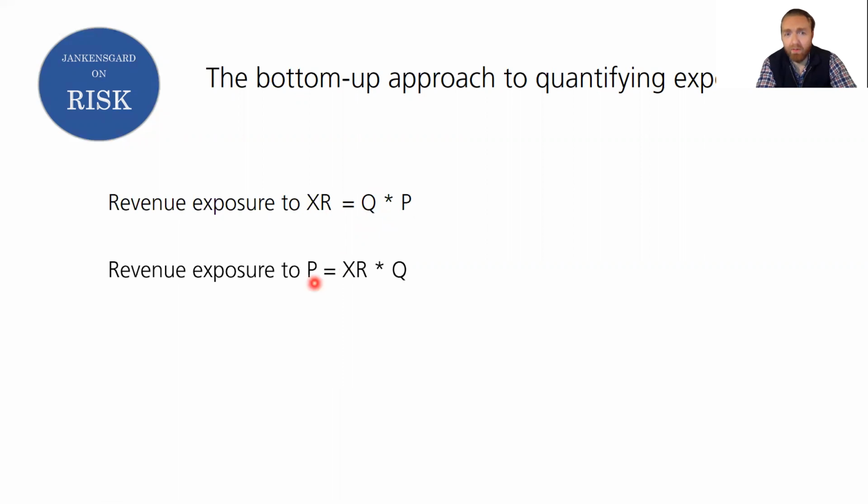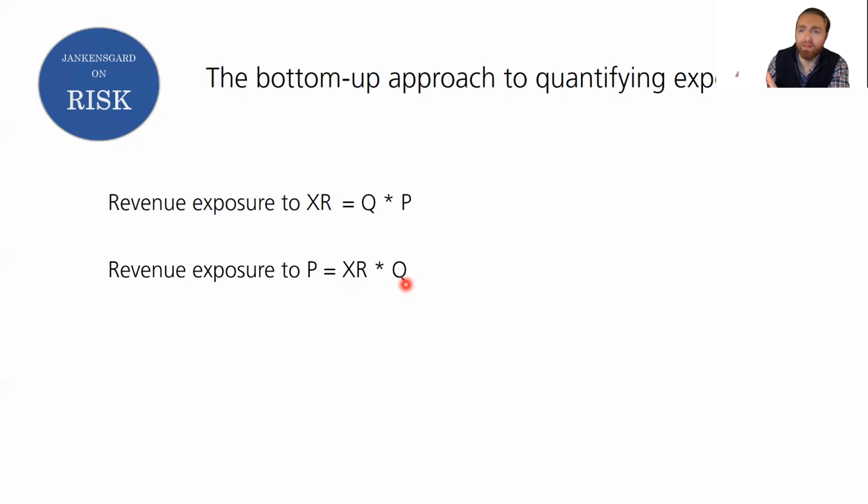You can do a similar thing. The prices could be viewed as a risk factor as well. You don't know for sure what the average price you realize is going to be, so it's a risk factor. If you want to know your exposure to that risk factor, you have to apply the same logic again. But in this case, it's the exchange rate times the quantity that gives us the magnitude that is exposed to the price.